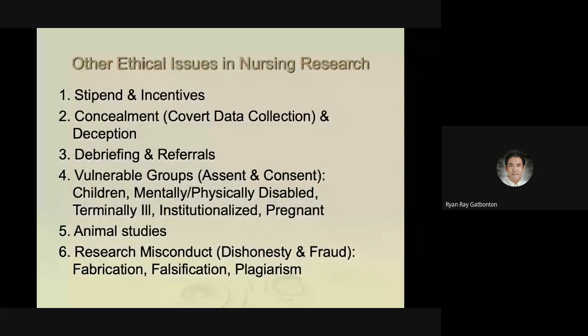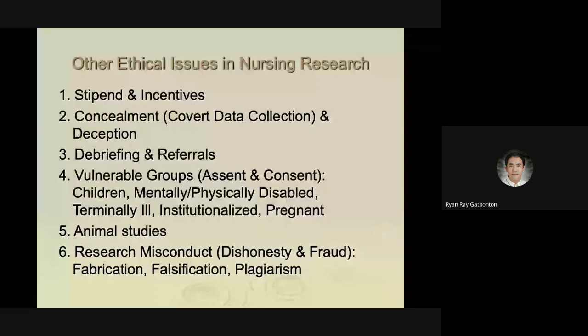So therefore, we need to conceal our data collection. But there's a problem with concealment. We cannot get consent from these people. So the best way to go around with covert data collection is to collect first the data, and after collecting the data or the observation, go to the person who is being observed, ask for his or her consent.